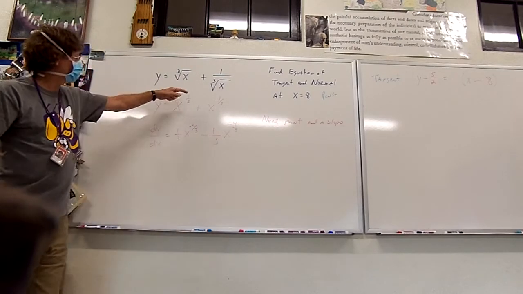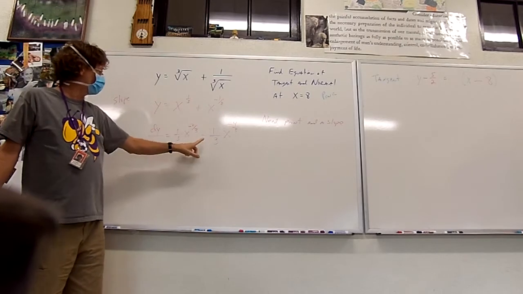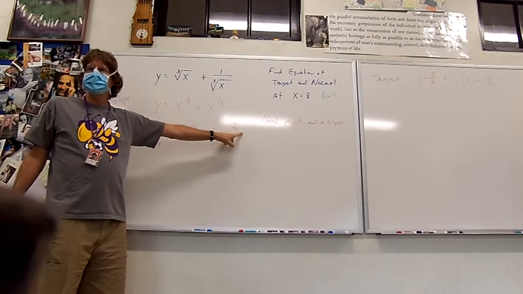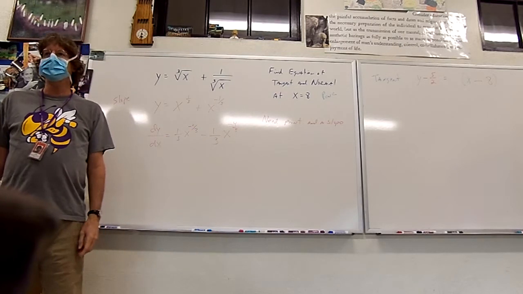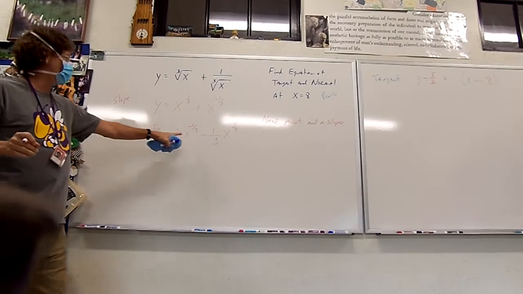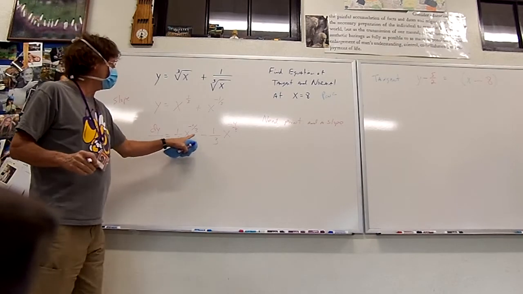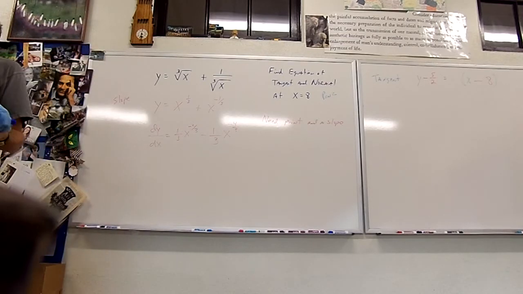I brought the 1/3 to the front, subtracted 1. Brought the negative 1/3 to the front, and I subtracted what? 1. Is that a good step? Now, I am not going to try to put the 8. You can put the 8 in here now if you want to, or you can rewrite it algebraically to make it easier to put the 8 in.